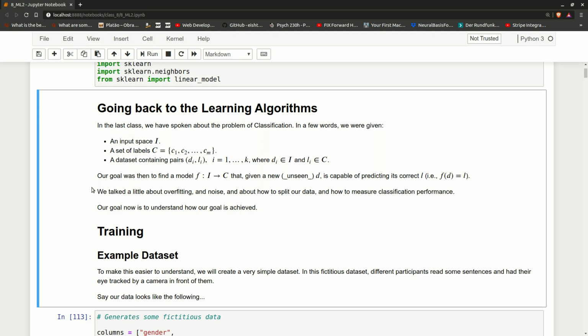What the nearest neighbors algorithm does is it just stores it. And then when you ask it what is the class of a new data sample that it has never seen, only then does it look at the entire data set and do something with it.